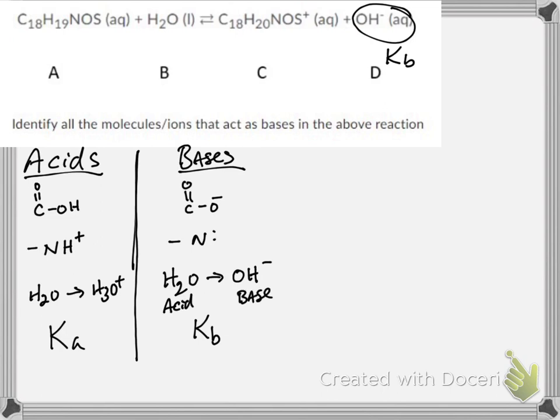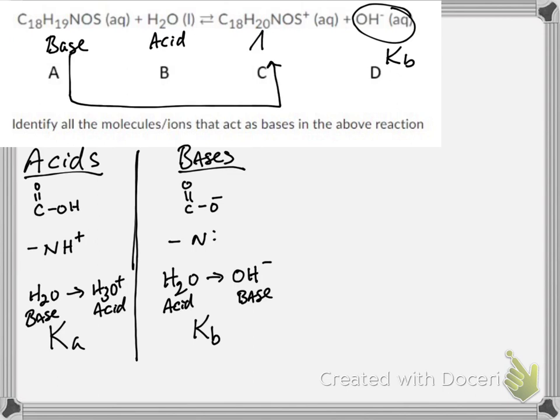All right, in Kb, water acts as an acid. It forms its conjugate base, hydroxide ion. Under Ka, water acts as a base and forms its conjugate acid. So that's really important to make sure that you have summarized these types of interactions. Once we identify water's role as an acid, that means A must be a base.